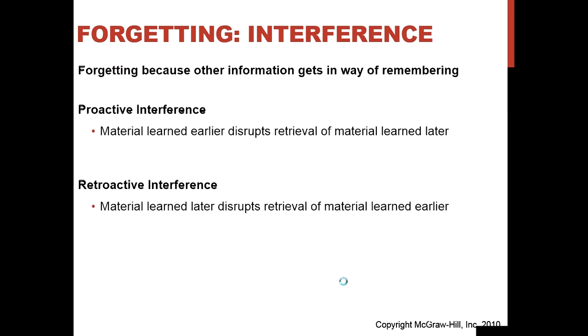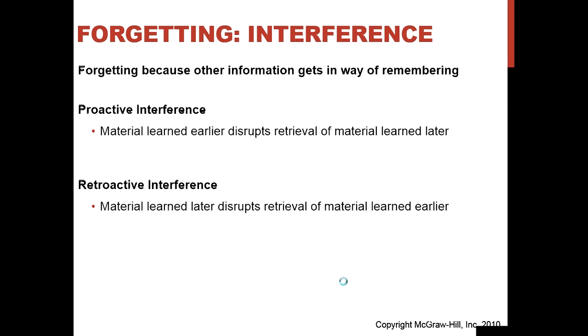Okay? Now we have the opposite with retroactive interference, where the material that we learn later disrupts the retrieval of the material learned earlier. Okay? So we learn something, we know how to do it, we learn something else, and then we find that I can't really remember what it was that I learned the first time around. Well, it's because there's some retroactive interference there.